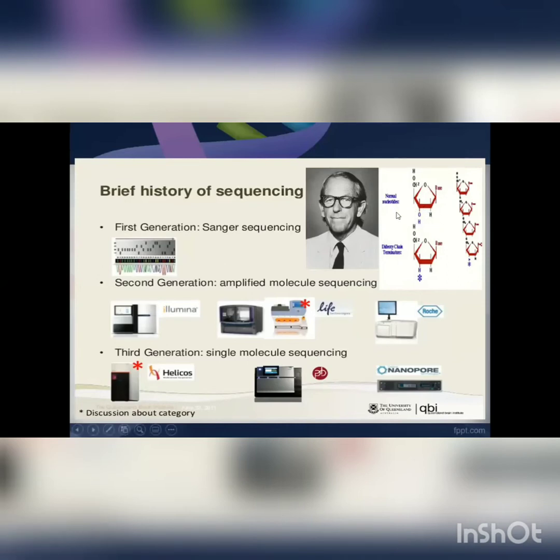So here you can see this is a normal nucleotide and this is a dideoxynucleotide. It's also called a chain terminator. It's a chain terminator because it does not have the OH group here. The OH group would connect the bases together to form a chain.